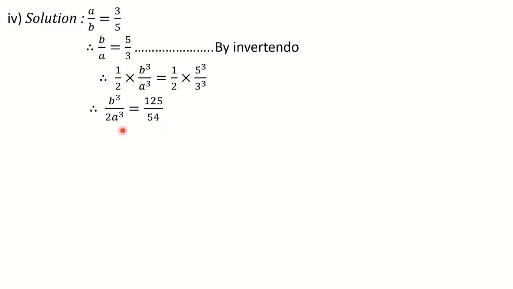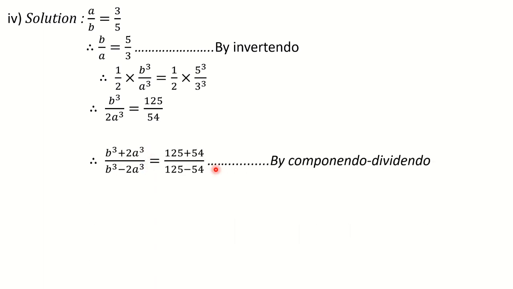Now again, what do we want? We want (b cube minus 2a cube) upon (b cube plus 2a cube). So we have to go for componendo dividendo, and then the last step, common everywhere, is invertendo. So first go for componendo dividendo on both the sides. (b cube plus 2a cube) upon (b cube minus 2a cube) is equal to (125 plus 54) upon (125 minus 54).